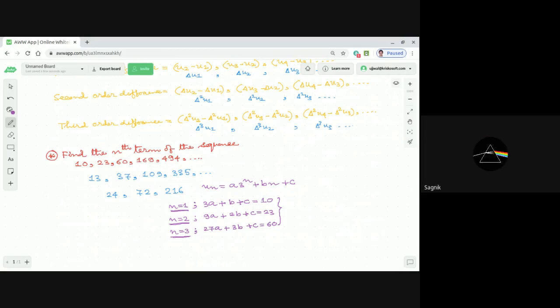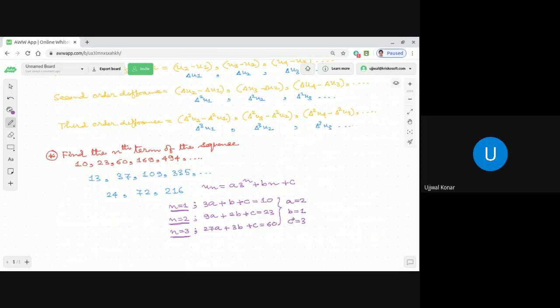So is it 2, 1, and 3? Yes, fantastic. The value of A is 2, B is equal to 1, and C is equal to 3.